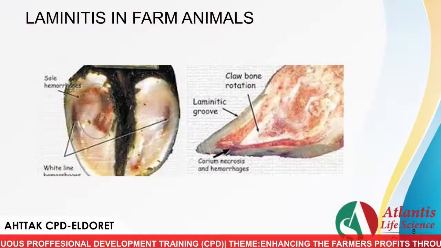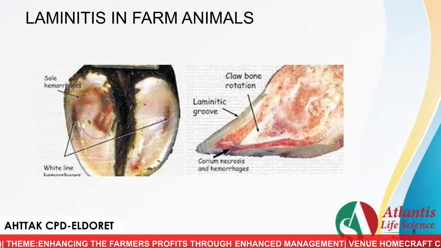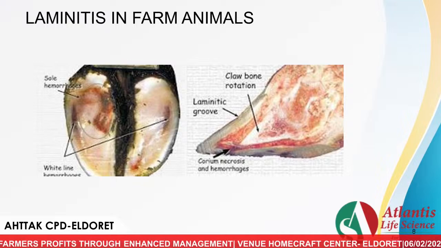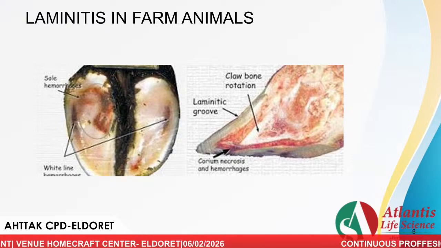So before we pick up, I think this was the slide that I was trying to put an image in your brains. This is what normally happens when laminitis sets in. We were talking about the hemorrhage. We were talking about the necrosis of the corium.